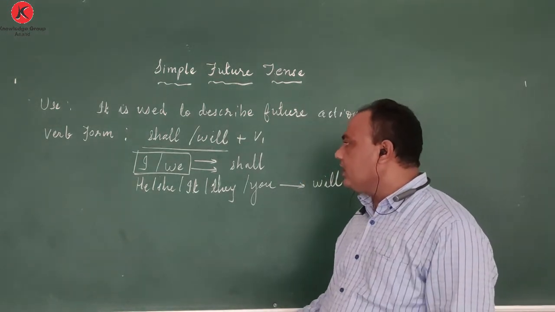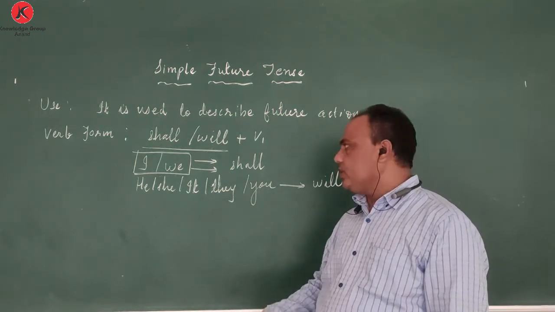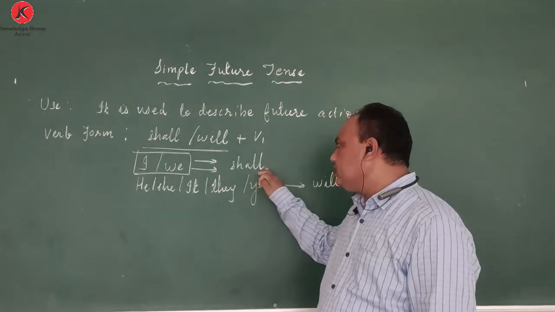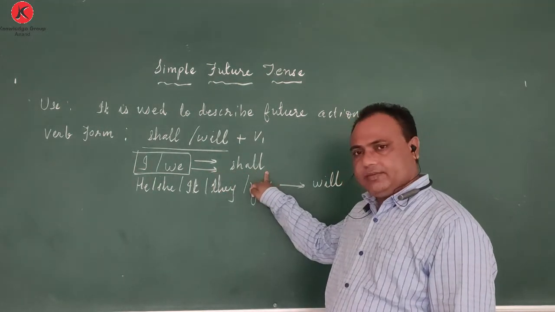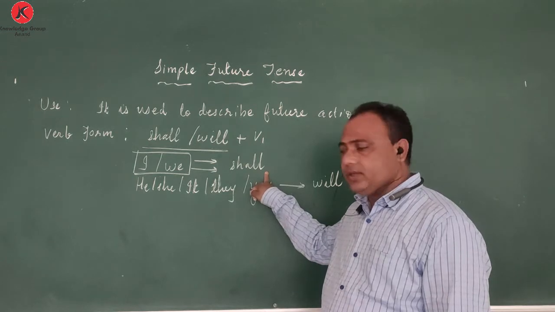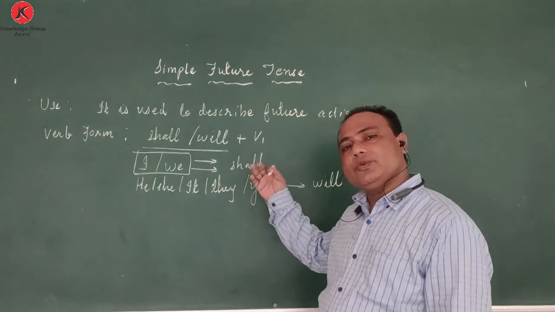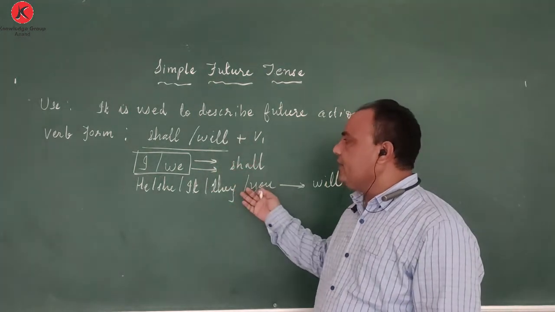There is nothing wrong in this, but be 100% sure that whenever I and we are used, we use shall. When there comes a strong determination about a person, at that time we can use will also. Nowadays we are using will with I and we.